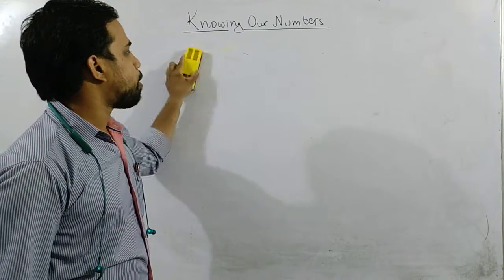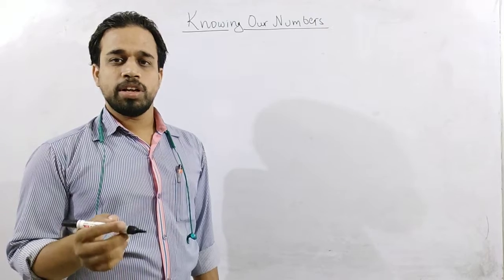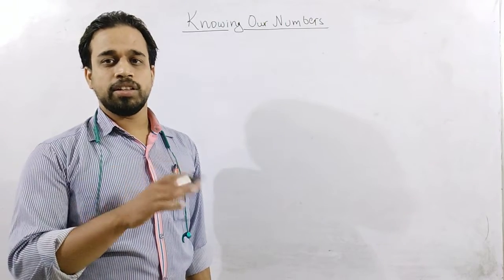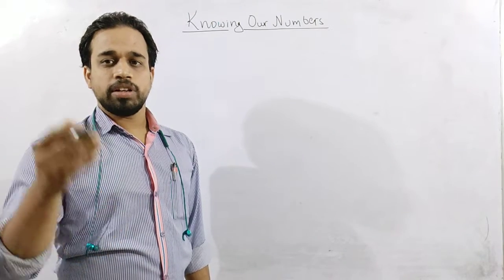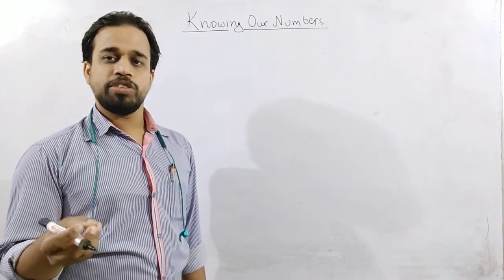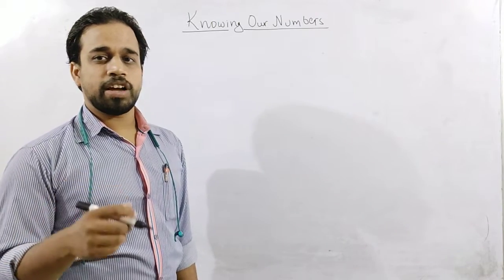Today we are going to talk about how to recognize which number is larger than the other, or greater, or among the given numbers, which number is the greatest. Let's take an example.